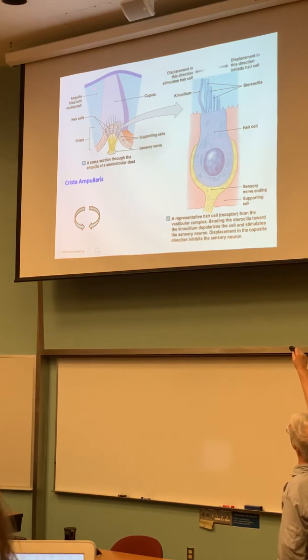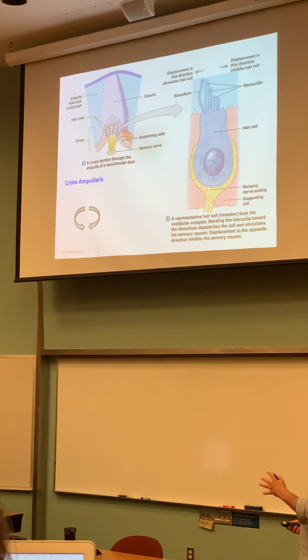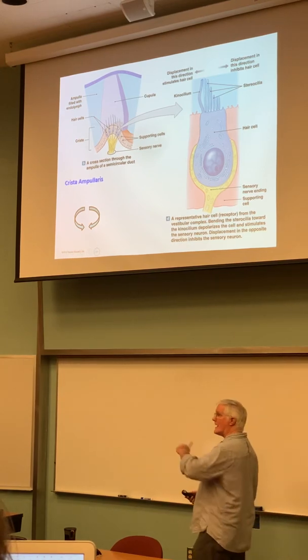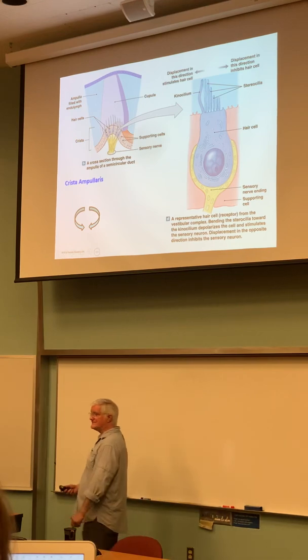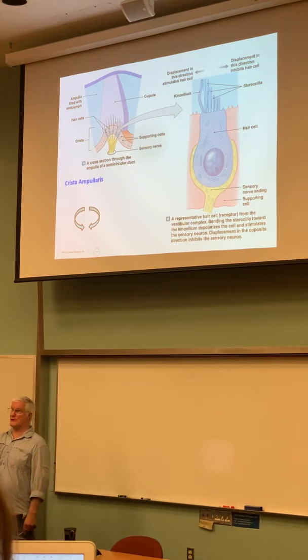And so when the endolymph pushes on the cupula, that gelatinous mass, it ends up bending the stereocilia. And if I bend toward the tallest ones, I stimulate, I detect that motion. And if I bend the other way, I detect less of that information. That's why it's for rotational motion.